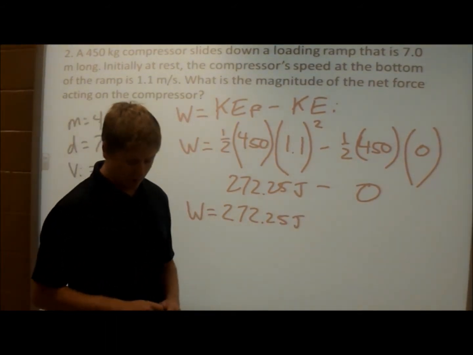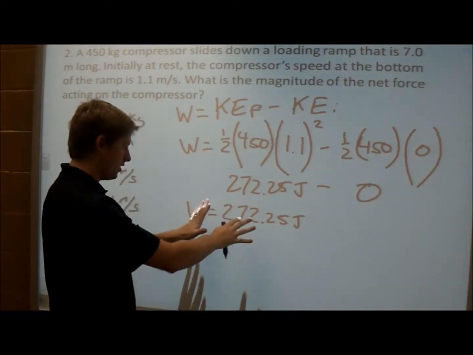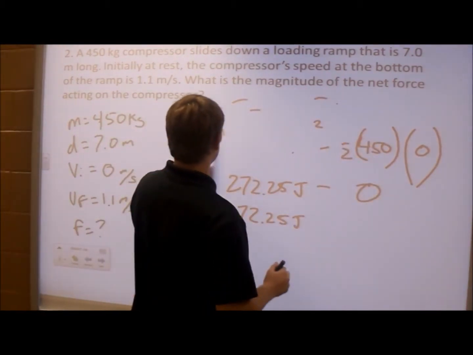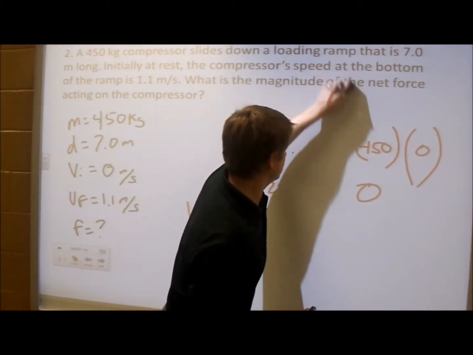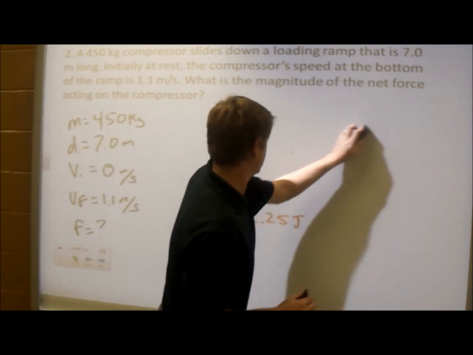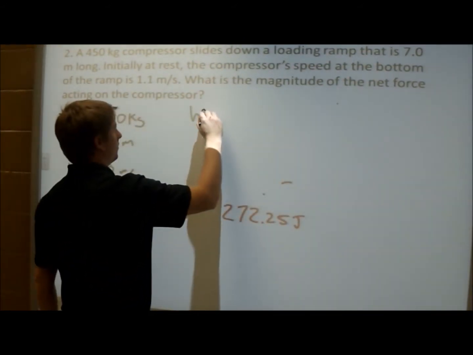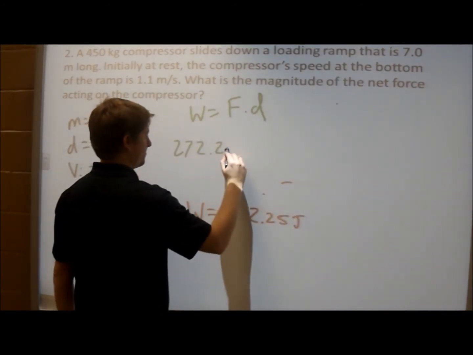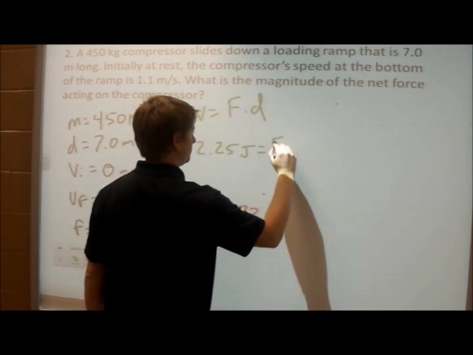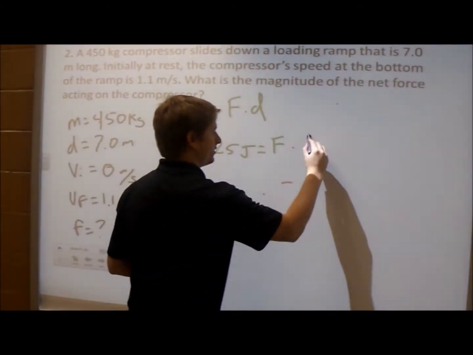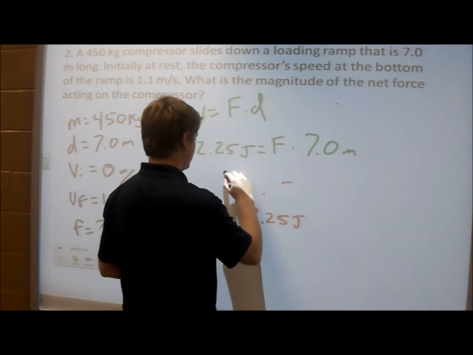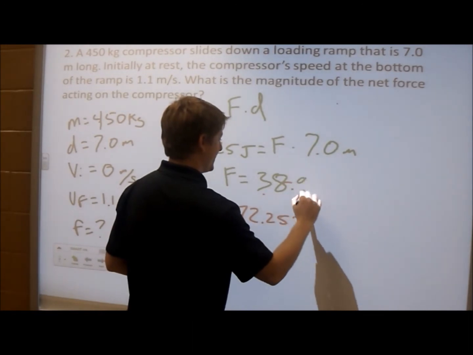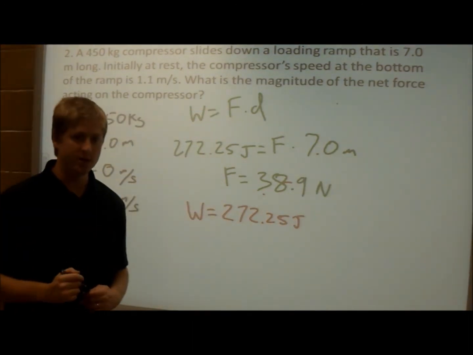Knowing what we know, we can do work equals force times distance. We'll plug that in there. Distance is 7 meters. So our force equals 38.9. Since it's a force, it's going to be in newtons.